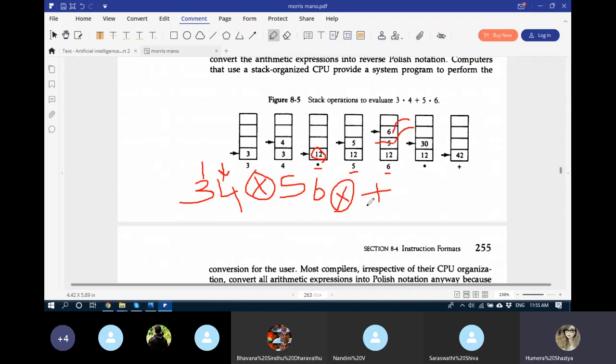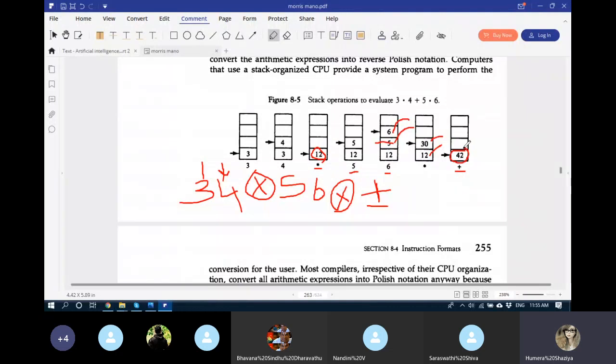Going further, it encounters plus. Plus means operator. Operator means pop. Pop 30, pop 12, and perform plus. Sum of 30 and 12. Then what do you get? 42.